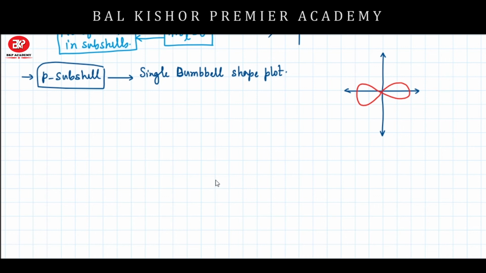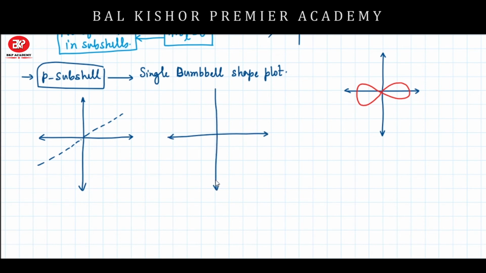So what are the three orientations? Let us draw the axis first. This is the first type of orientation, this is the second type of orientation, and let us consider this as the third type of orientation.